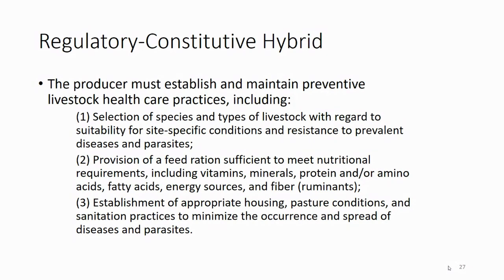And those, meaning the practices, include the following. And then there's a listing of 3 different points as shown here. And here is the classical example of a regulatory constitutive hybrid. So cases where an object in this particular institutional statement is in fact in its own right a constituted entity that is defined in the very same statement. So that's an example of a regulatory constitutive hybrid.